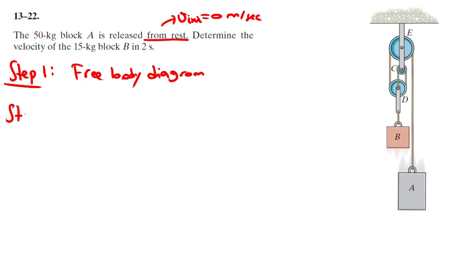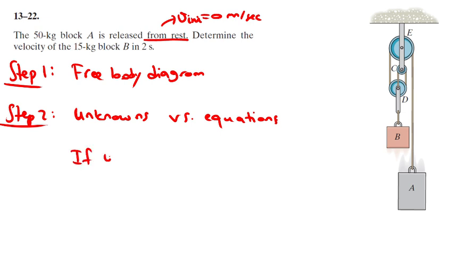Step 2 is the unknowns versus equations. If the number of unknowns is equal to the number of equations, then you can solve.